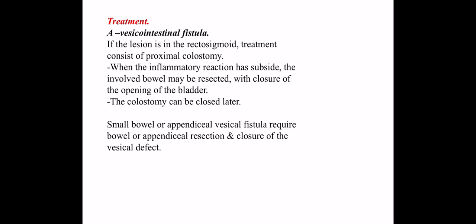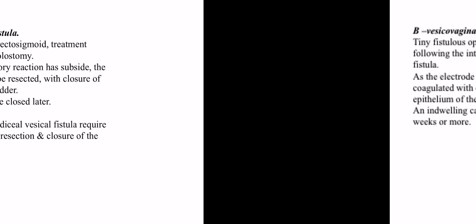Then the involved bowel may be resected with closure of the opening of the urinary bladder. The third stage, the colostomy, can be closed later. But small bowel or appendiceal vesical fistula requires bowel or appendiceal resection and closure of the vesical defect at the same time.